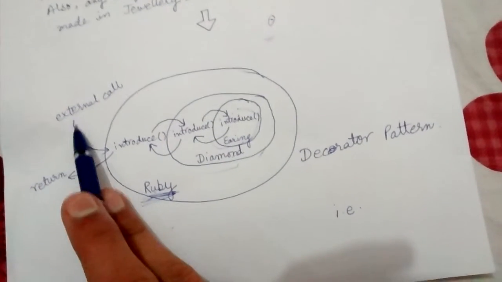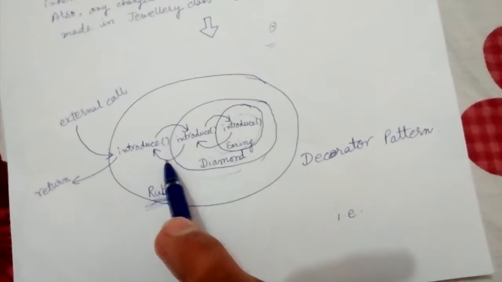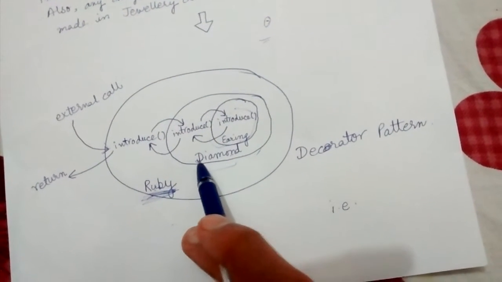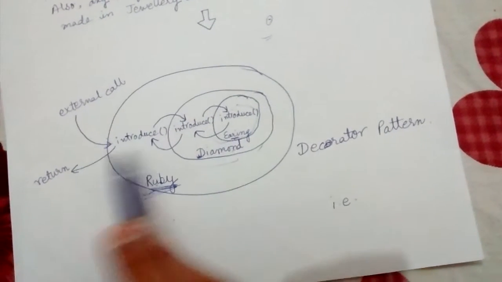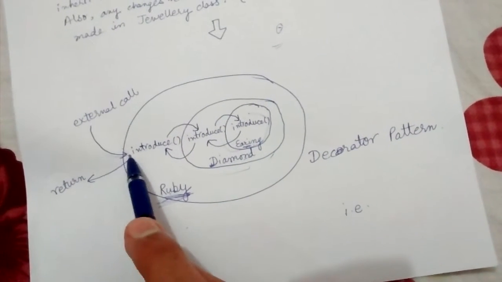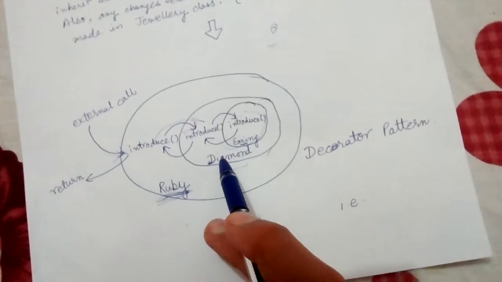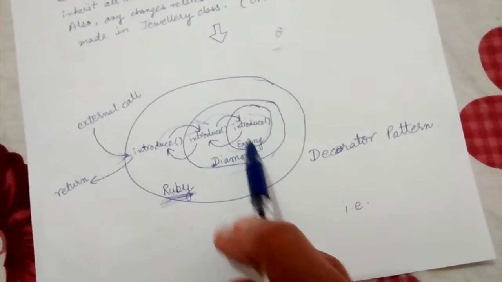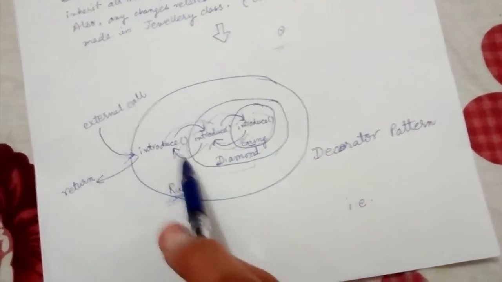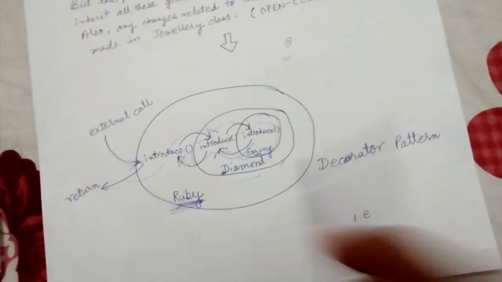So the external call will deal with a ruby object, which is having a reference to this diamond object, which is in turn having a reference to this earring object. So when ruby's introduce method is called, it will in turn call the introduce method of diamond, which will use the introduce method of earring, and these returns follow in reverse order. So this is the decorator pattern.